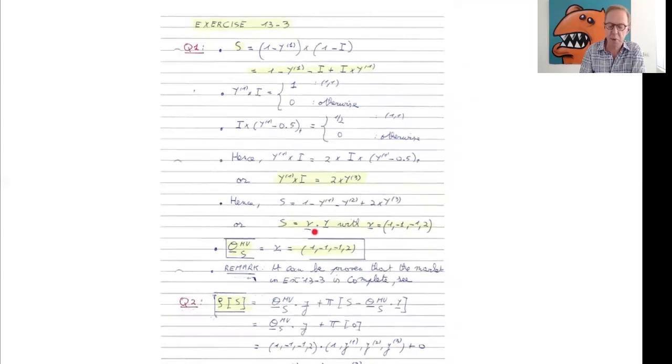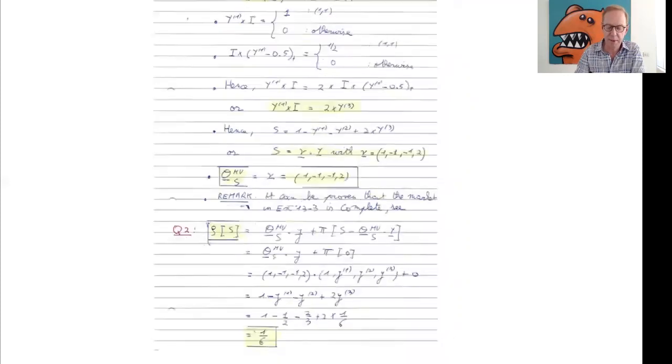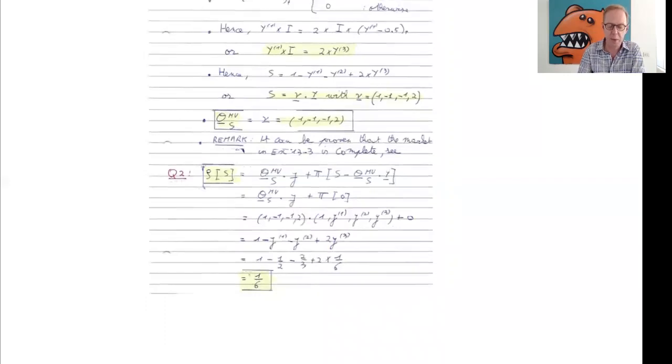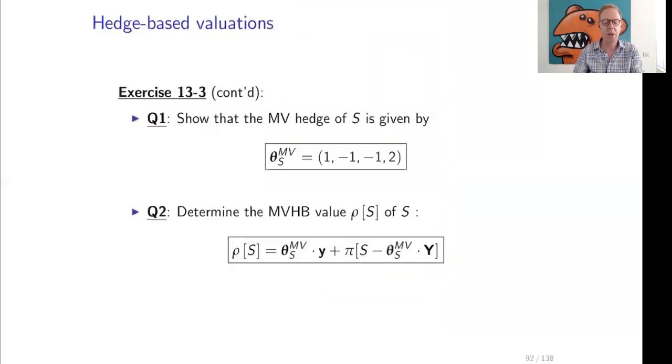S is equal to u times Y, so S is hedged. If we fill this in and work it out, we get that rho of S is 1/6. So this was the second question of exercise 13.3.